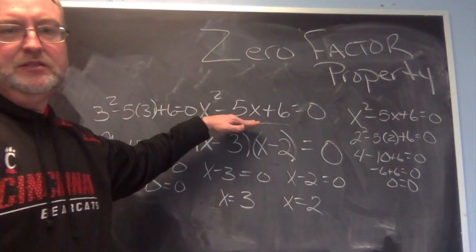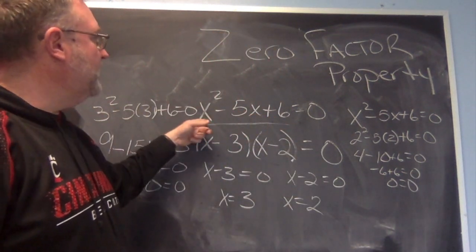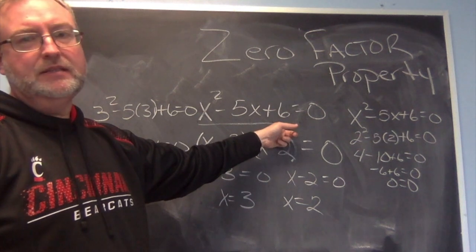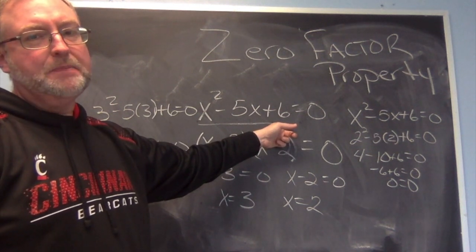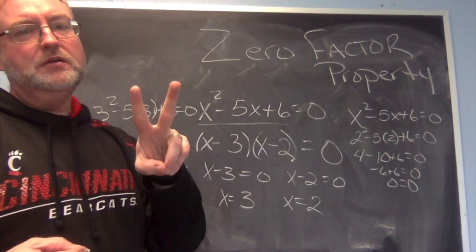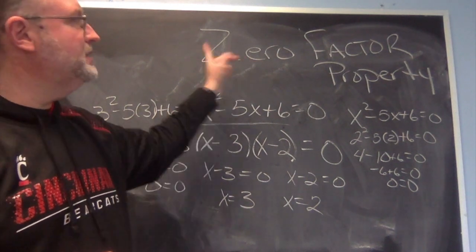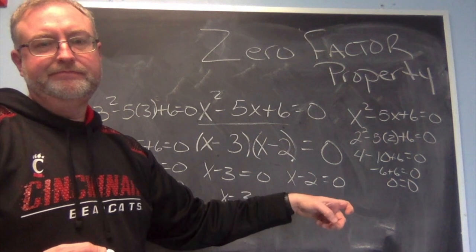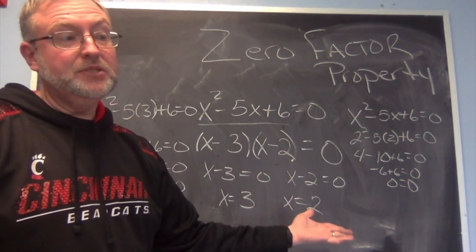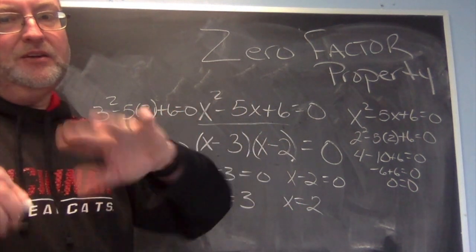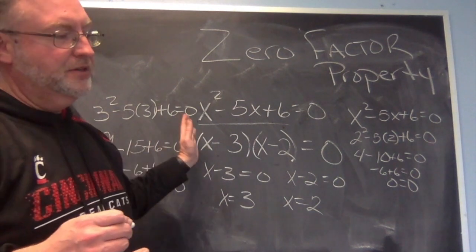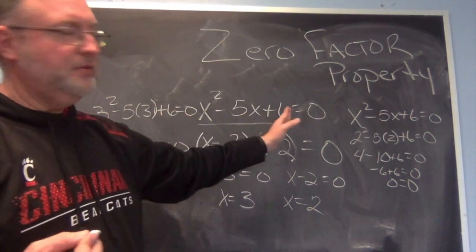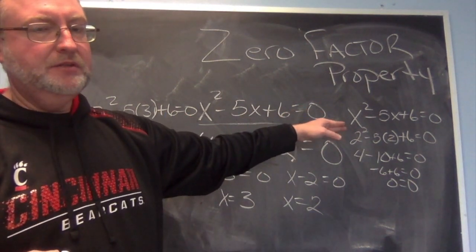So I know with this equation that I started out with, x squared minus 5x plus 6 equals 0, there are two possible answers using the 0 factor property that would solve this equation. That's 3 and 2. So the point is, and I'll do some more, you're going to make sure, just like your rules say, it's in the right order and it says equals 0.